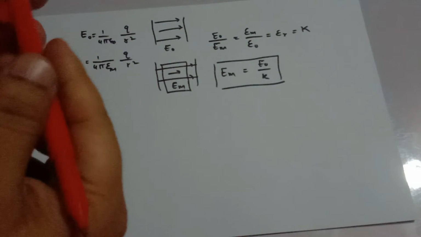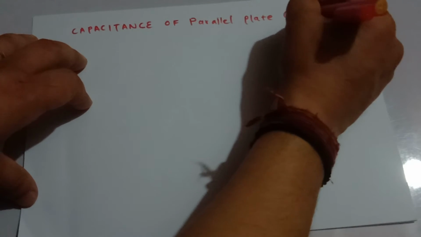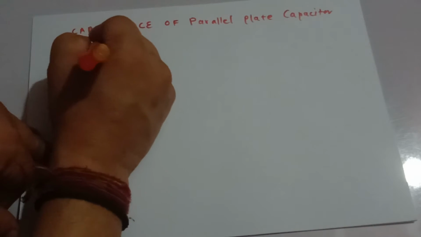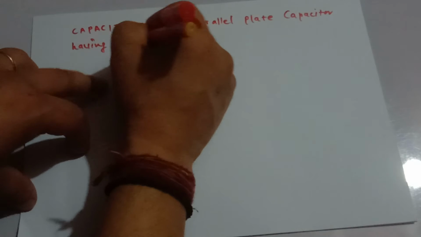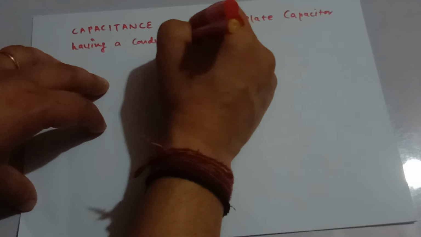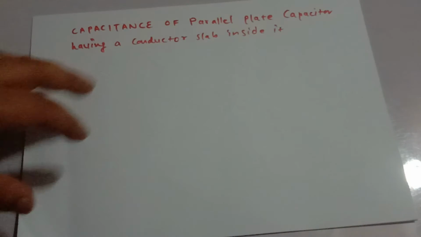My task is to find the capacitance of a parallel plate capacitor having a conductor slab inside it. Okay, so that is my task.